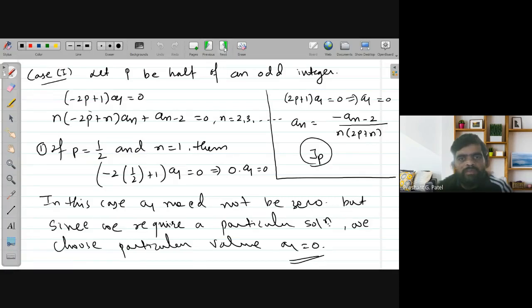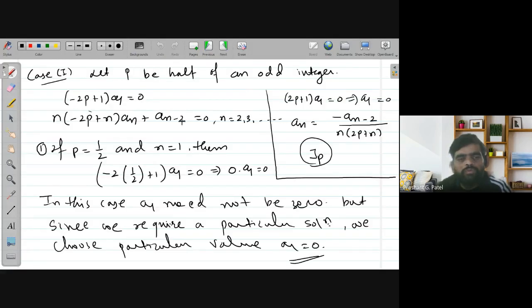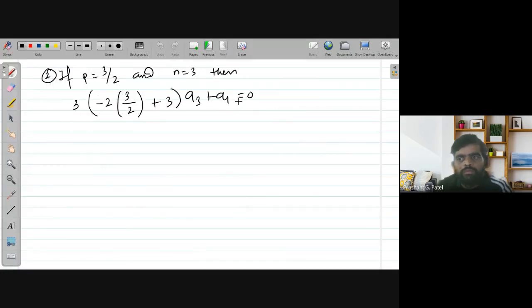So n is 3, we have written 3, minus 2p into, that is minus 2 into 3 by 2 plus 3, a3 plus a1 equal to 0, that is n equal to 3 we are substituting here. But this implies this quantity will be 0.